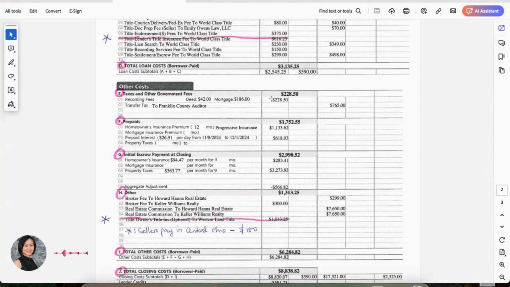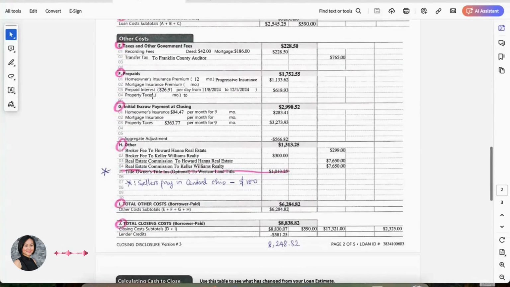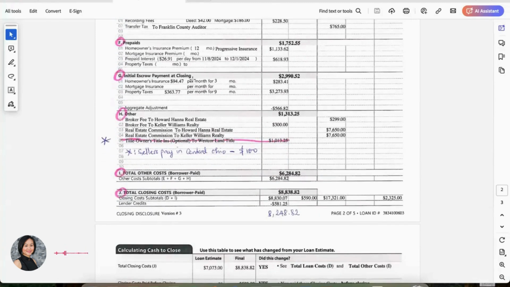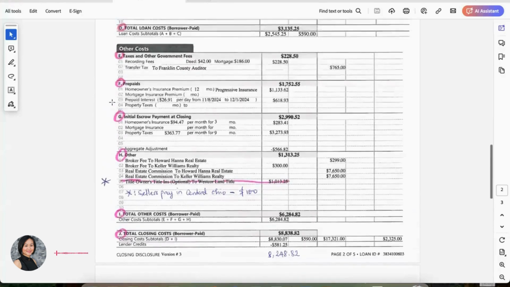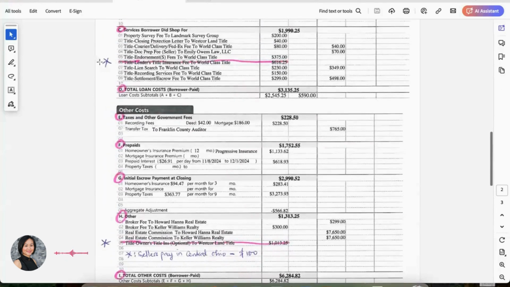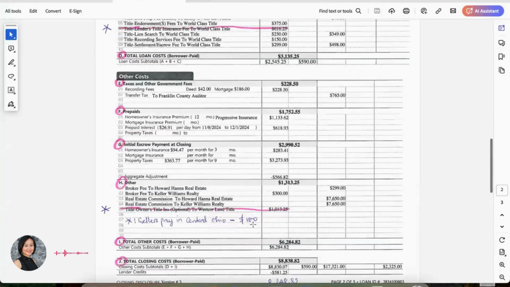The recording fee you pay, prepaid you pay. Escrow, we talked about it, you pay. Order fee. So now you see that, and this is paid by the seller, except you as a buyer have to pay $100.